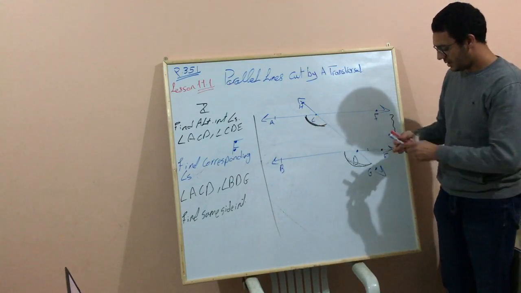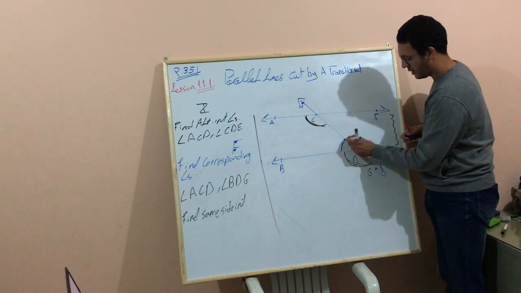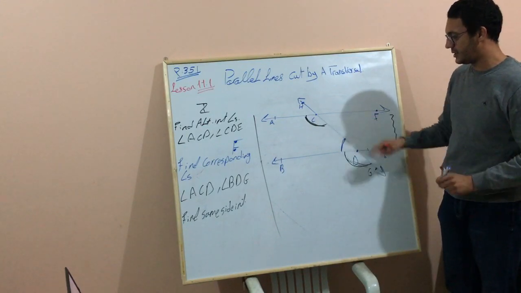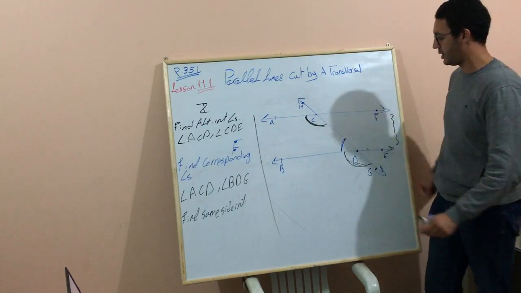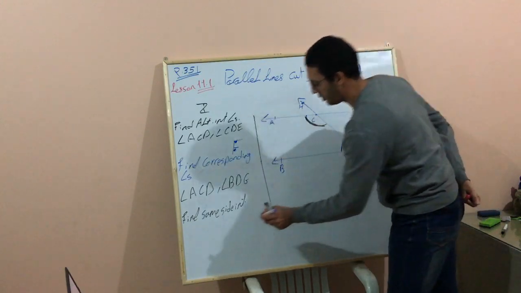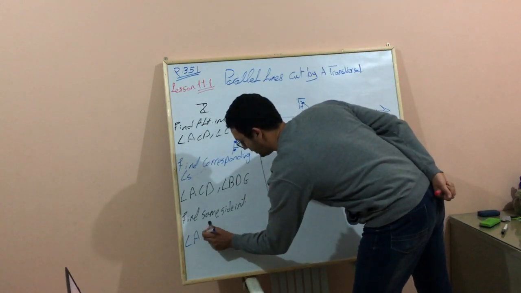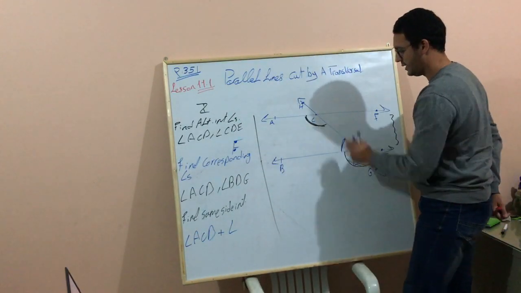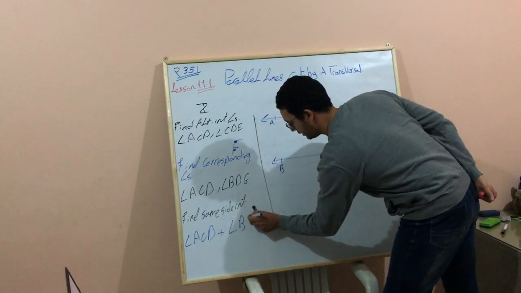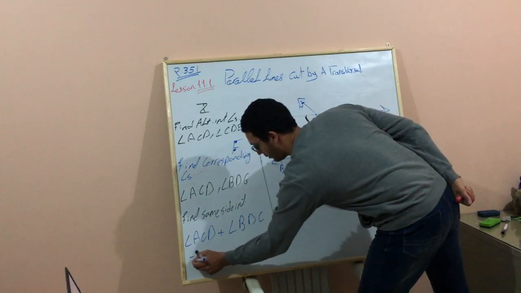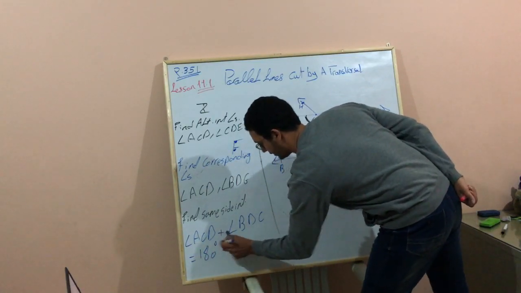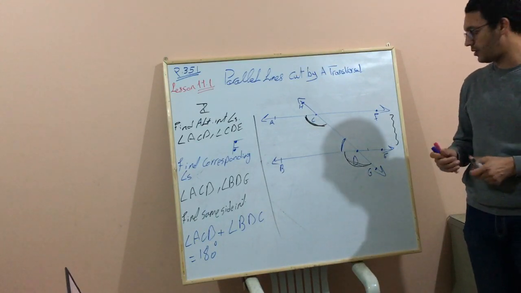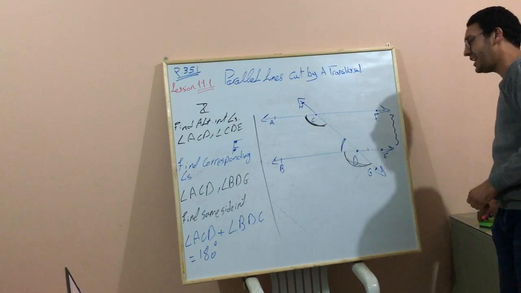So this angle and this angle, these two are interior angles, same side interior angles, which means that their sum equals 180 degrees. So I'm going to say that angle ACD plus angle BDC equals 180 degrees.